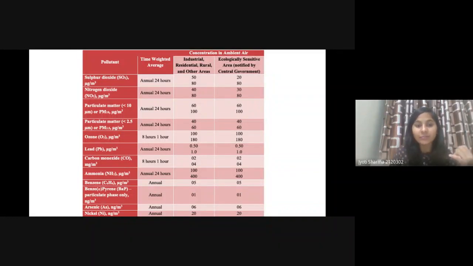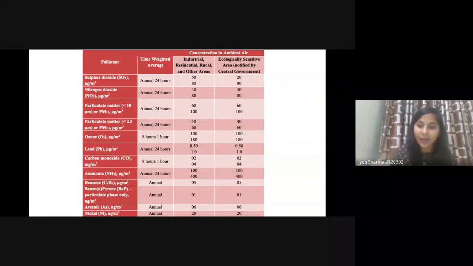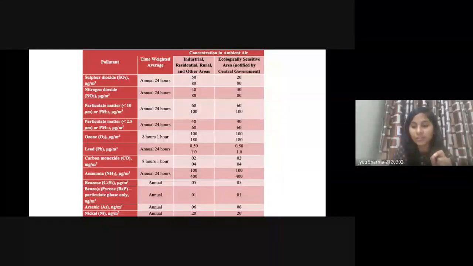For that, we have different values for the industrial, residential, rural, and other areas, and different values for the ecologically sensitive area. Because if it is an ecologically sensitive area, then your standard value should be lesser, because even a small concentration can impact the biodiversity and other things.